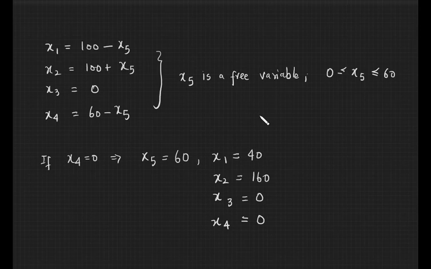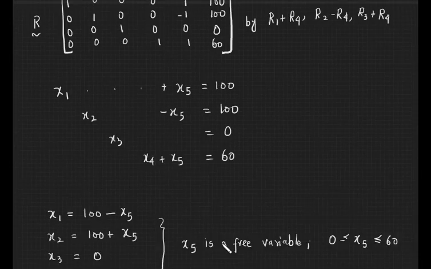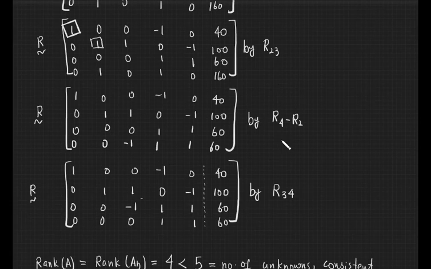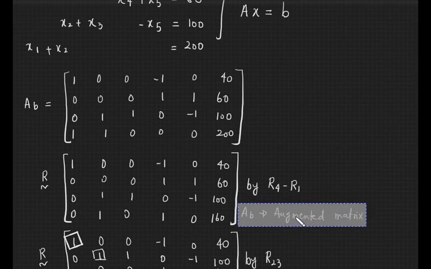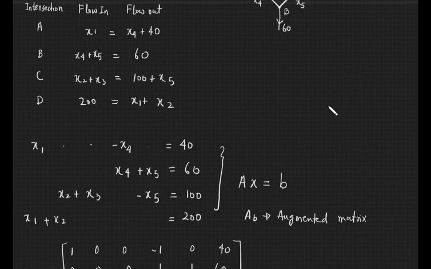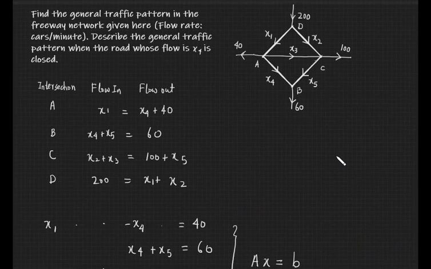You can verify this solution by substituting these values into the network, or you can substitute these values into the table which we constructed at the first step. Let me show you the table. This one. You can see here at intersection A, x1 should be equal to x4 plus 40.